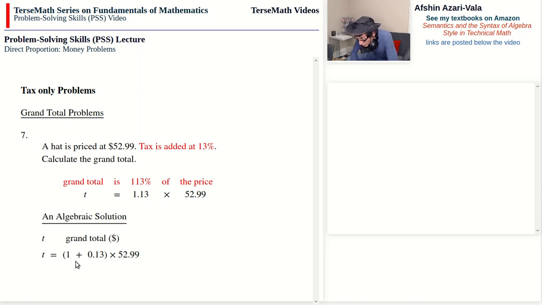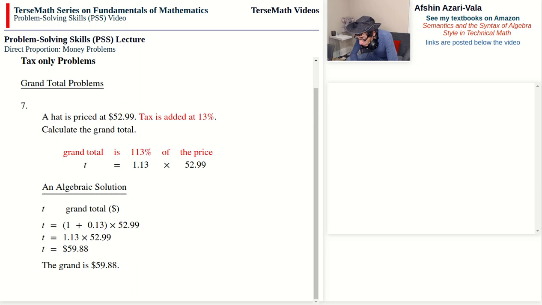I am sort of explaining that you add 100% and 13% to find the grand total. 100% plus 13%, to be more accurate, refers to the percentage that applies to the grand total. Okay, work out the factors. So T is equal to the grand total is equal to 113% of $52.99, and that comes to $59.88.